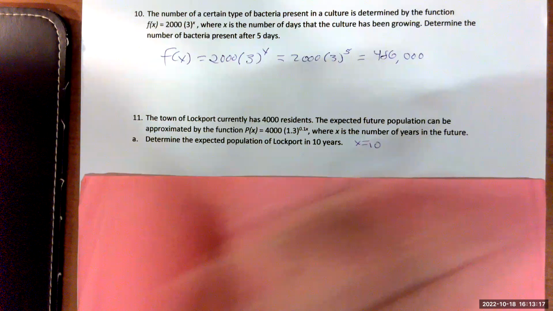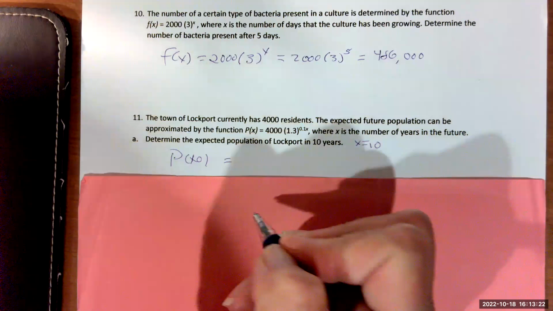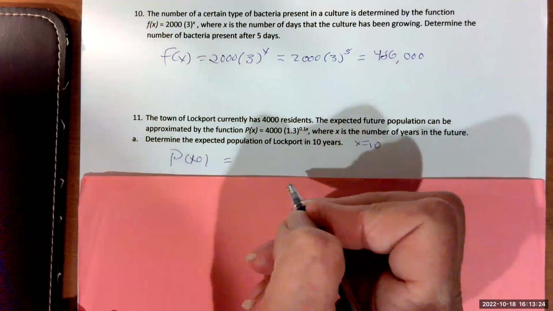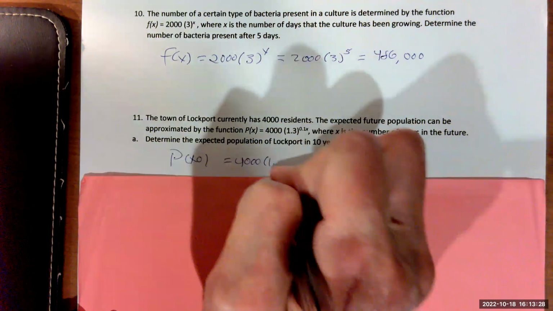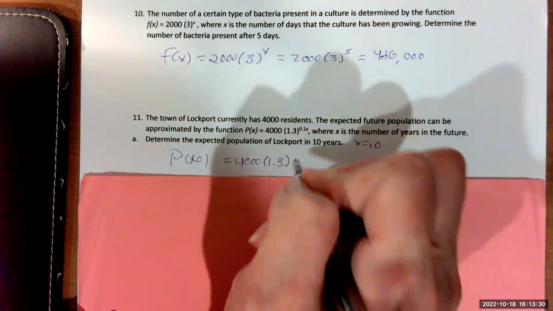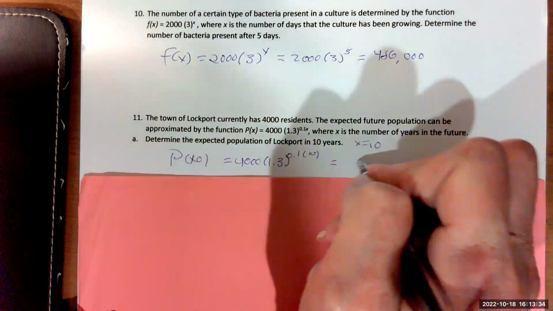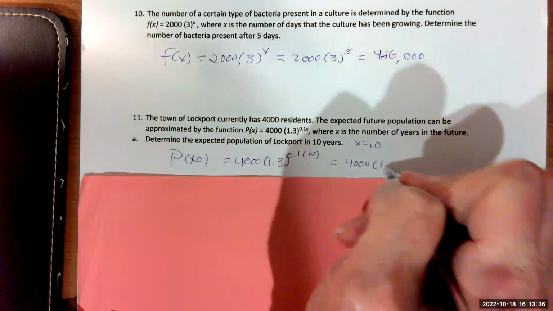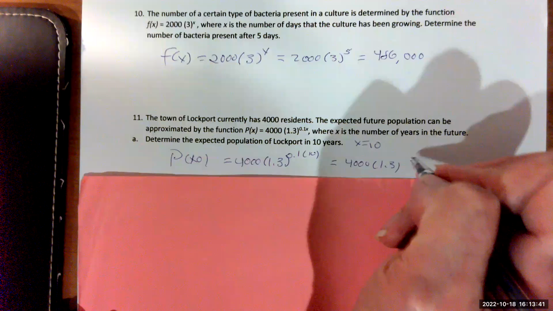So we're going to go ahead and write our function down. Actually we should put P of 10 equals, because we're calculating it in 10 years, 4,000 times 1.3, and we're going to raise it to the 0.1 times 10. If I simplify that exponent, 0.1 times 10 is just 1.